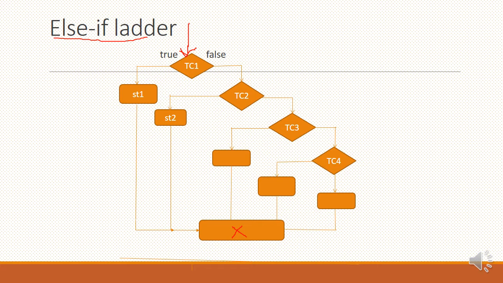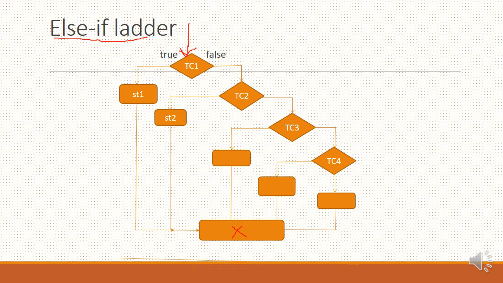If it is false, what should it do? It is going to check the second condition. If this is true, it is going to execute statement 2 and directly go to the next statement available after this.